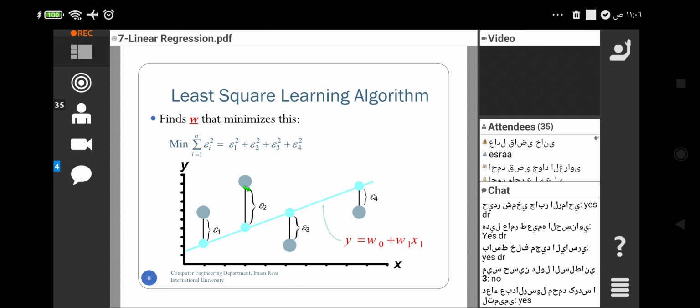Each of the data has x and y, and in this line, we give it the x and it gives us a y. If we give it the x here, this is the y. So for this x, this is the correct y, the target y, and this is the predicted y. So this is the error.